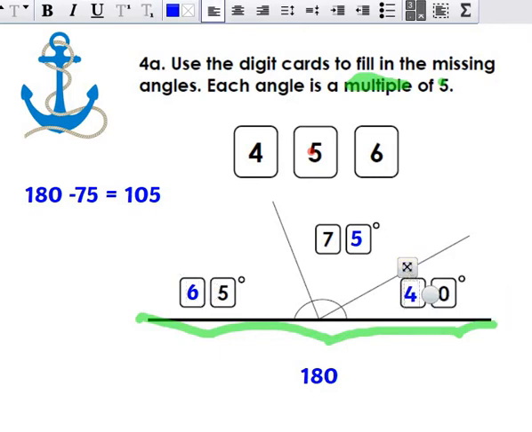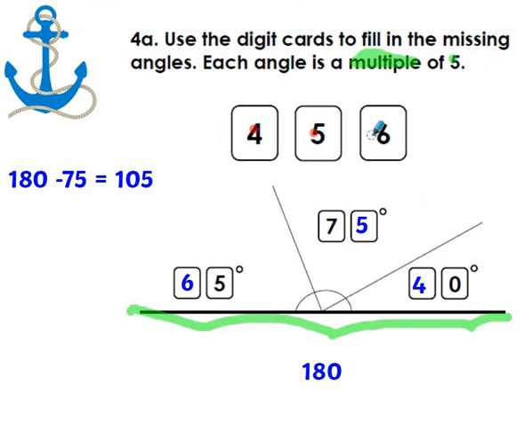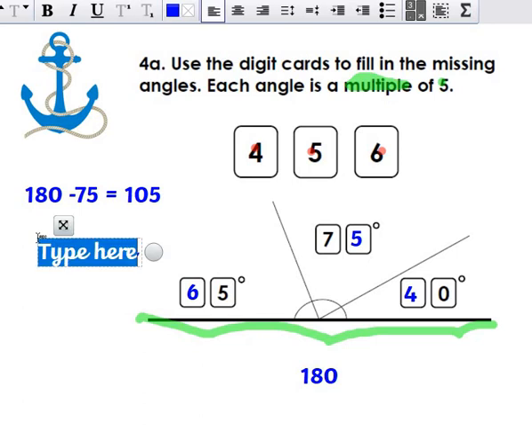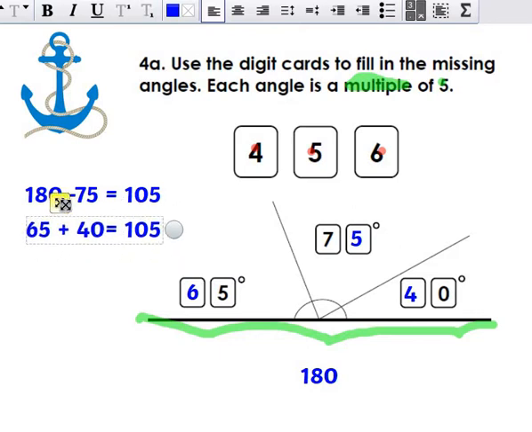I've used all the correct digits, and this also equals, if I was to do 65 add 40, it equals 105, which is my total that I had here. So that is how you would work a question like that out.